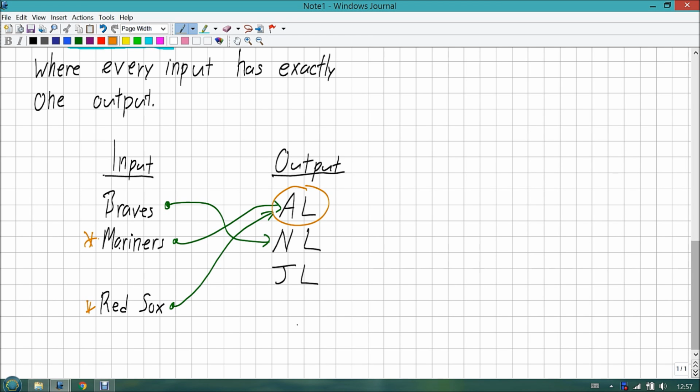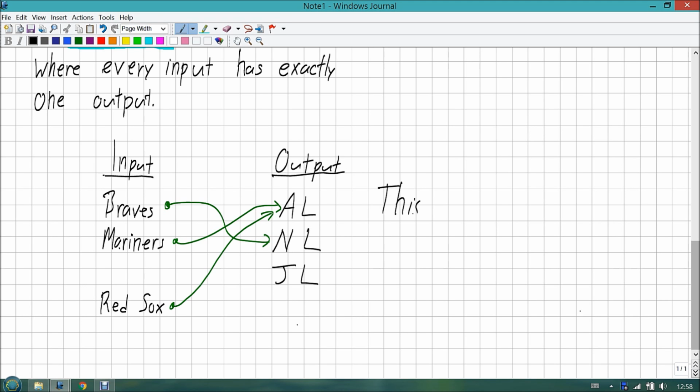What matters is that every input has exactly 1 output. The Braves have 1 output. The Mariners have 1 output. The Red Sox have 1 output. It also doesn't matter that we're not using the Japanese League at all, because every input has exactly 1 output. So this one is a function.